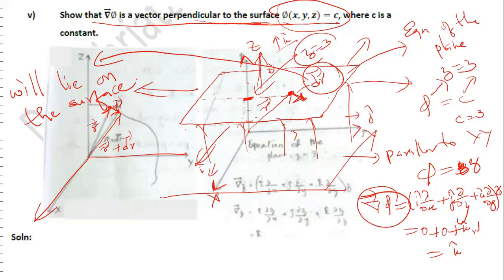Okay, dr vector will lie on the surface of the plane, or dr vector will be tangent to the surface.